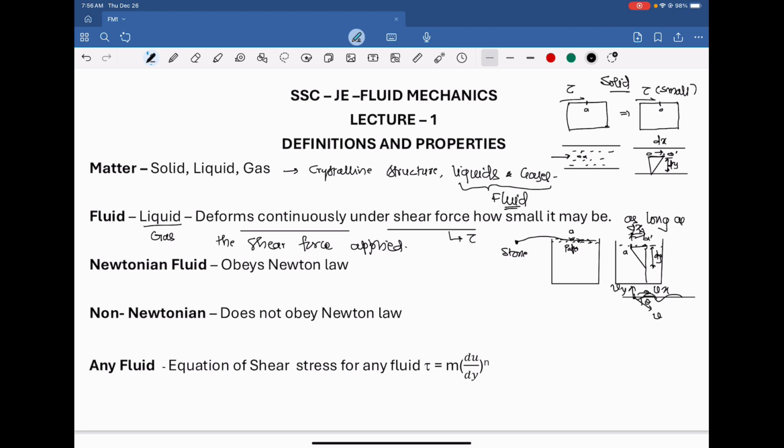Because of this, there will be movement of the light paper, which was previously at rest, horizontally and vertically also. Please try to understand. This is due to the vertical forces and horizontal forces caused. Horizontal forces are shear force. Vertical force is our normal force.